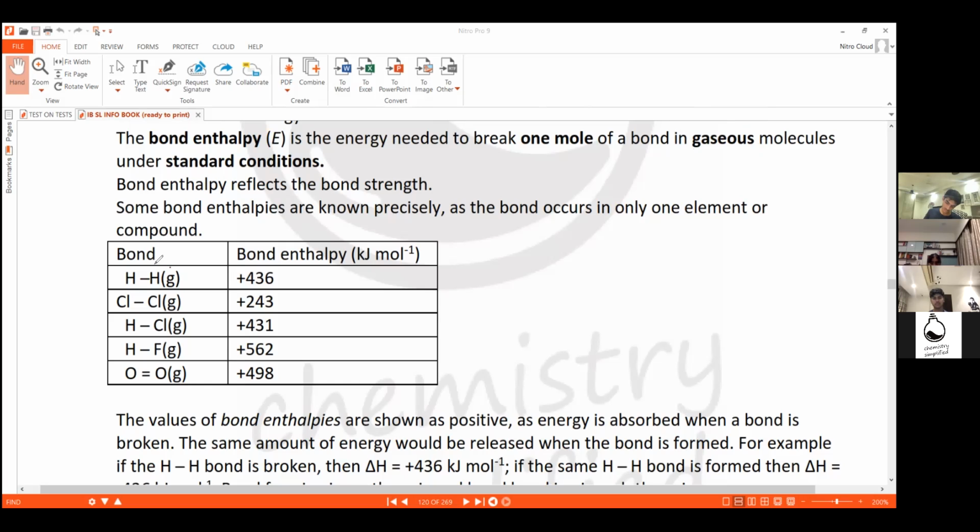In which molecule will you find this H–H bond? If I have to break the H–H bond, which molecule will have that? H2. Hydrogen. Okay, give me one more example of a molecule in which there is an H–H bond.